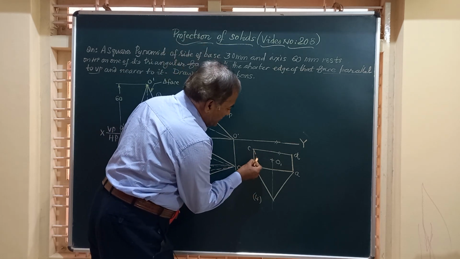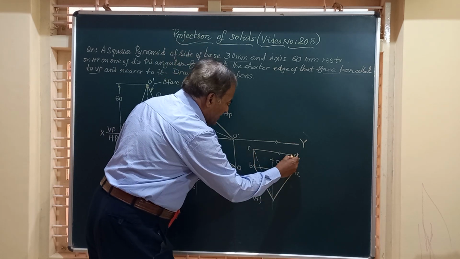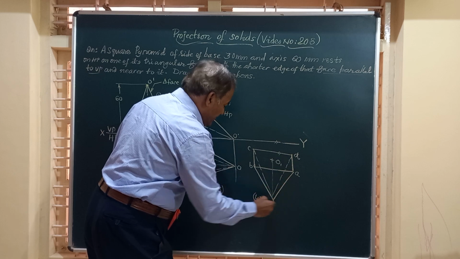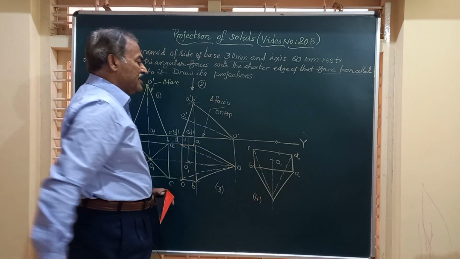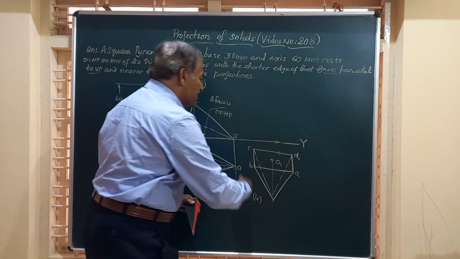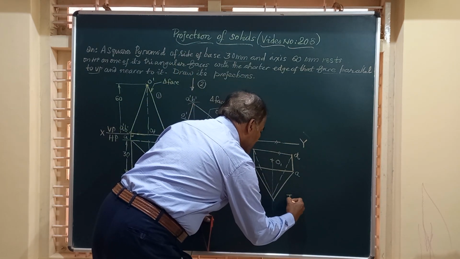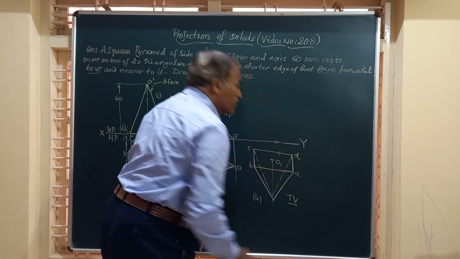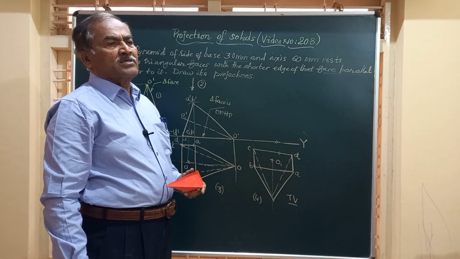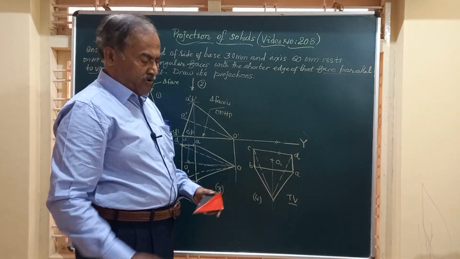Friends, this has to be a dotted line because we are copying down the previous figure 3 and redrawn here. So friends, this figure with CD parallel to VP will give you the final top view, and I have to obtain finally the front view corresponding to this top view.